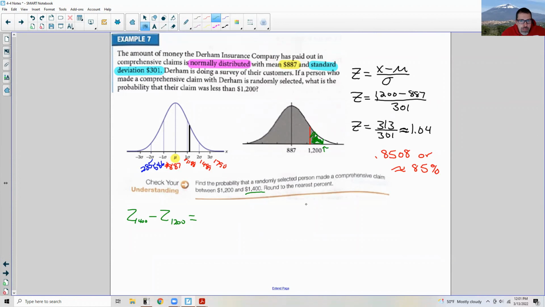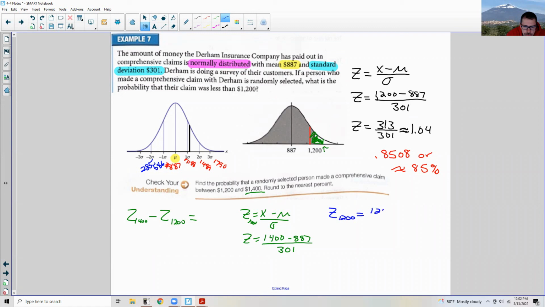Okay, and so I have to do two z-scores. So write the formula every time until you memorize it. It's x minus mu divided by the standard deviation. Substitute in the givens. Our x for this is 1,400. Let's do that first. Our x is 1,400 minus our average 887 divided by our standard deviation. All right, so now I'm going to do z of 1,200.